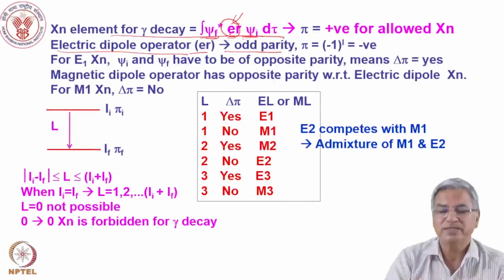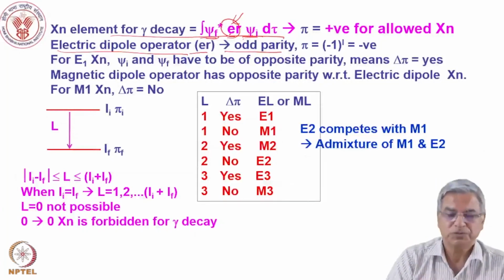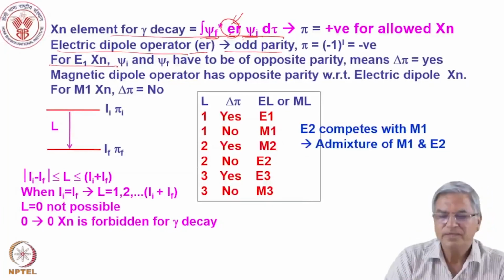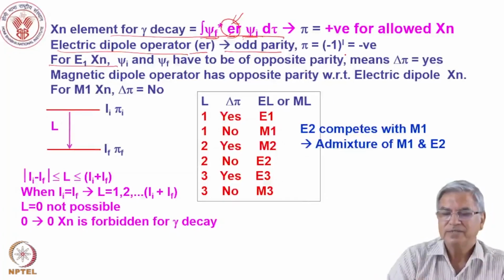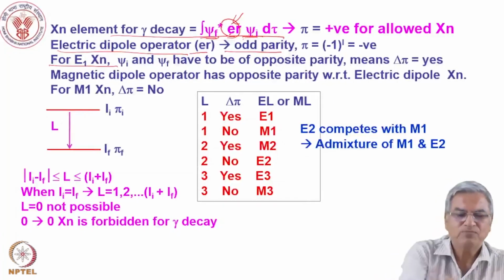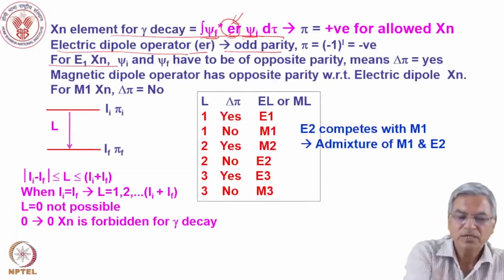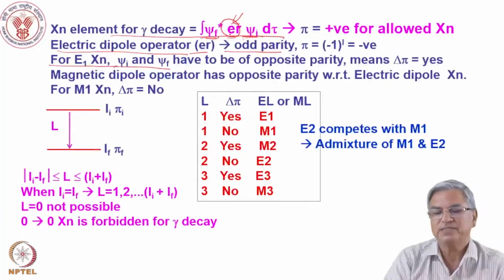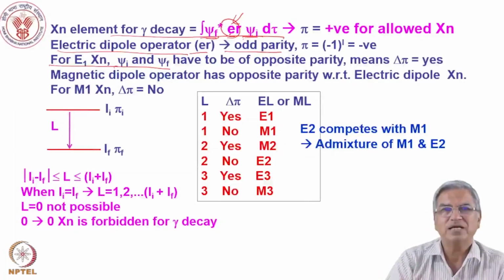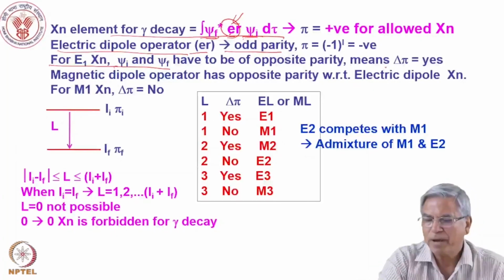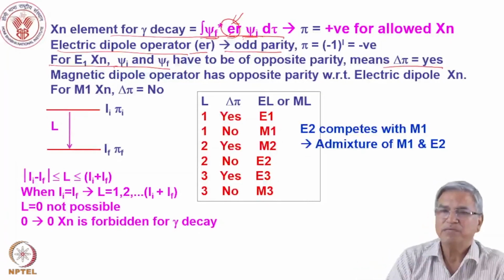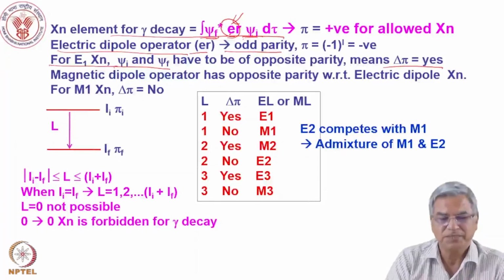That is how we decide the parity of the two states. So if it is an E1 transition, L equal to 1, then (-1) to the power L is negative, so the parity for an E1 transition is negative. Then psi i and psi f have to be of opposite parity. That means there has to be a change in parity when we go from psi i to psi f. That means delta pi is yes, there should be a change in parity.